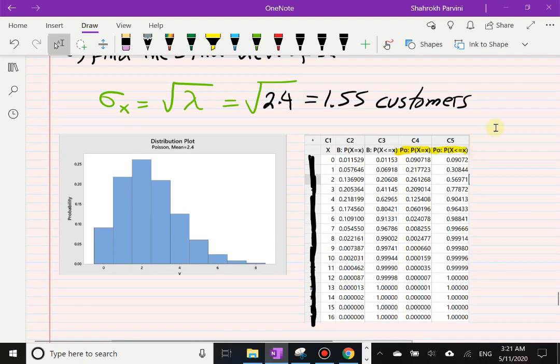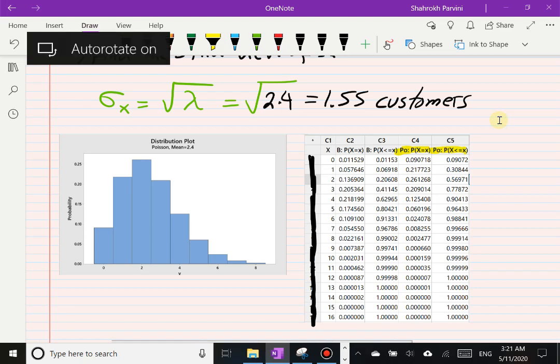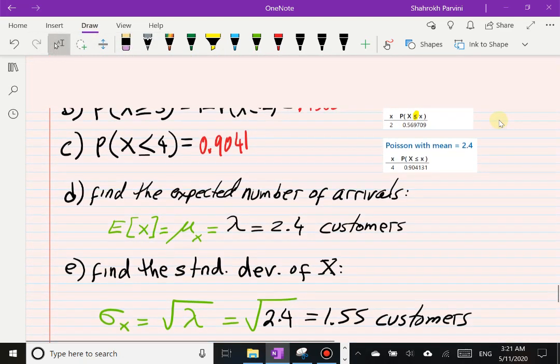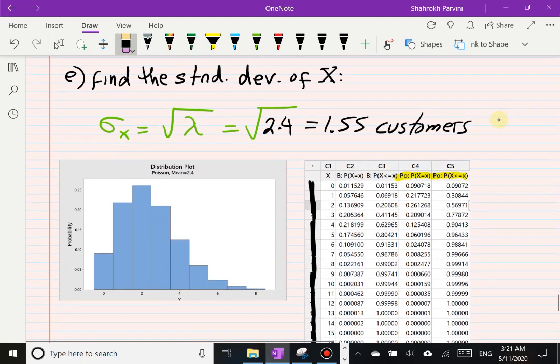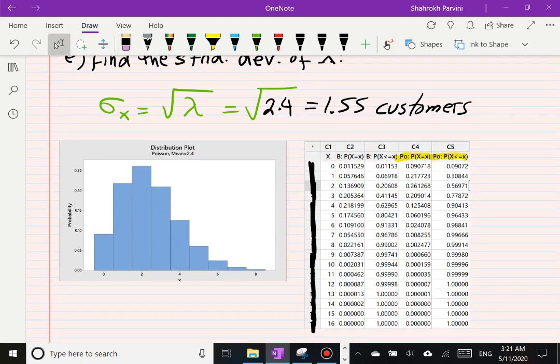So for instance, since I have your attention, let me do this one. Let's say we want to do part A, probability of x equals 2. That's going to be the probability of x equals 2 on the Poisson. That's this number, 2613.